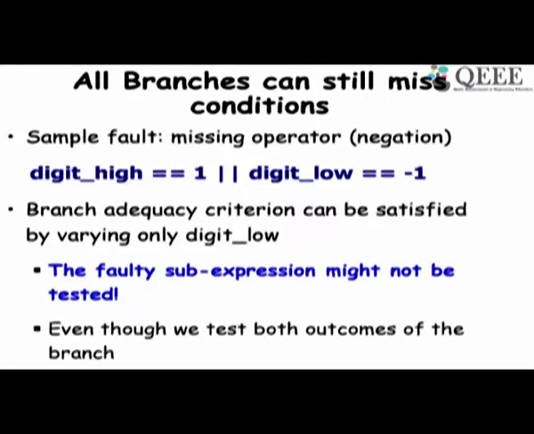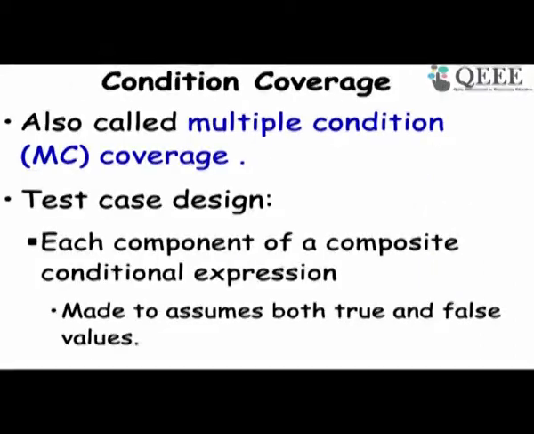So there can be some bugs which can be missed. By branch coverage, we are not checking whether some component condition takes some value. There may be some bugs when digit low is not equal to -1. So we need to do condition testing.